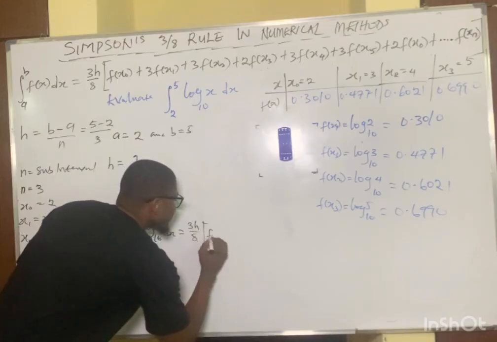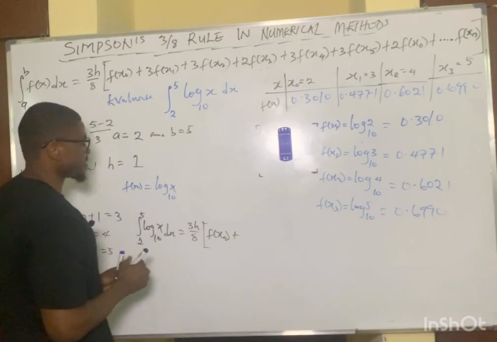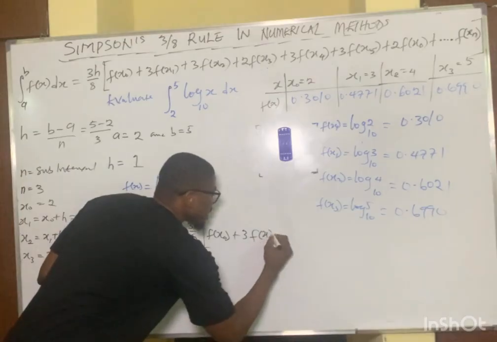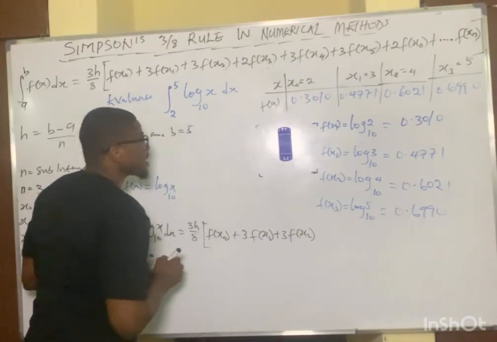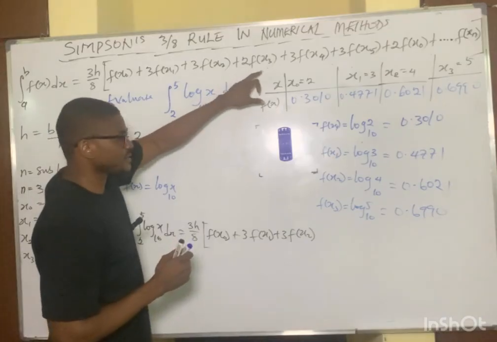So I have f of x0. The next two functions I multiply by 3, right? So plus 3 f x1 plus 3 f x2.